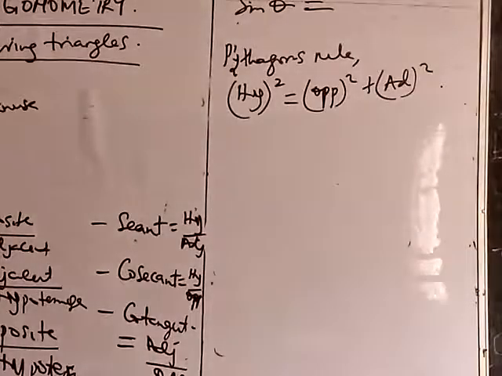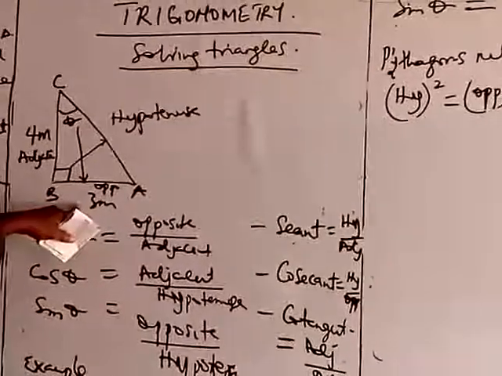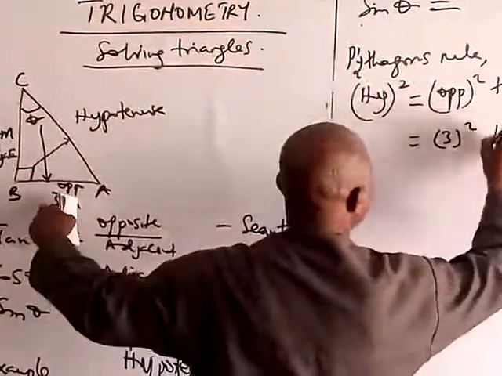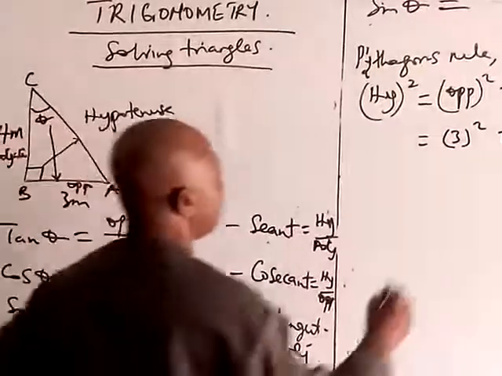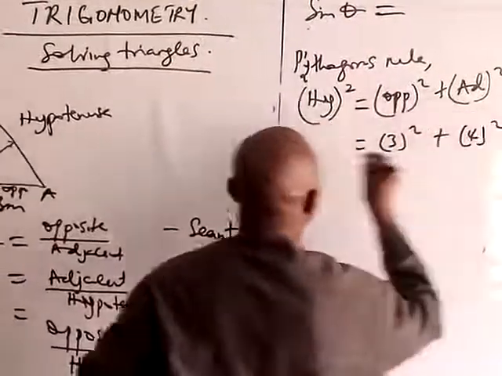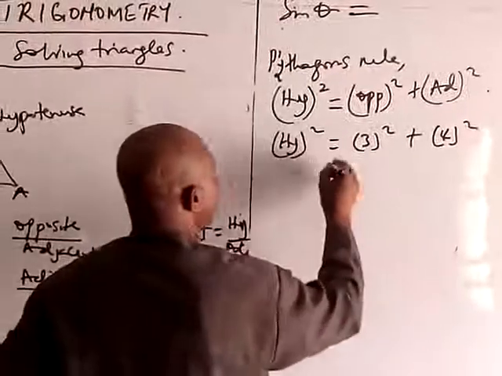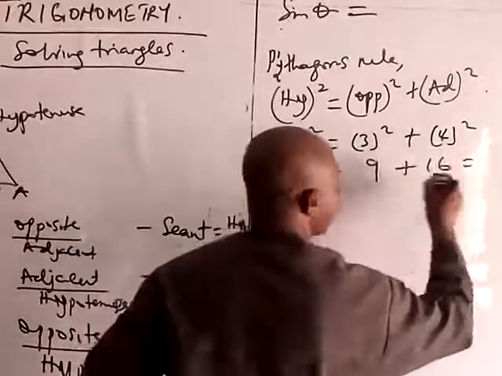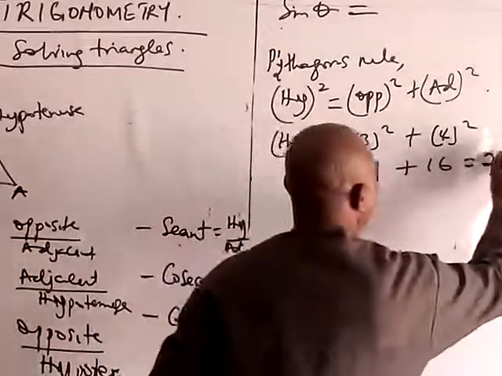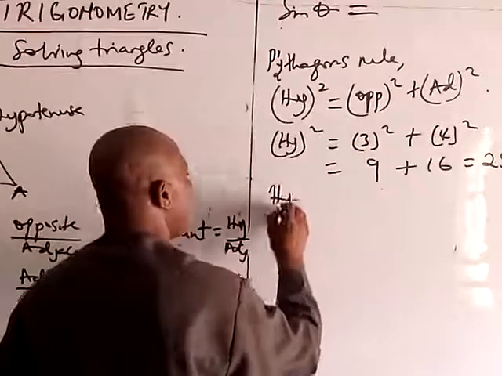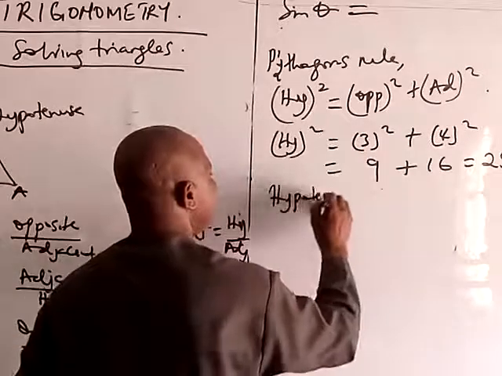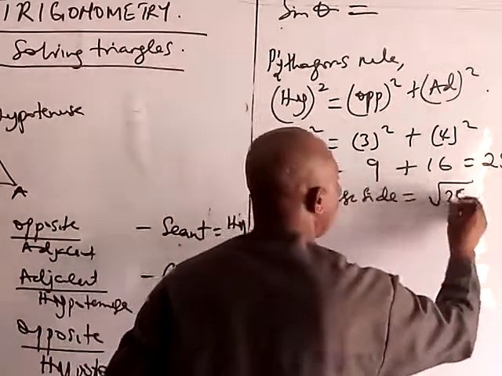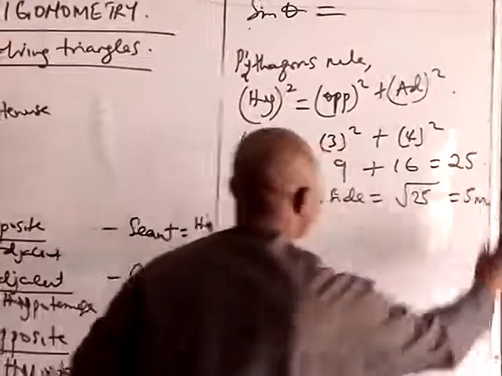From the figure given above, the opposite side is 3 meters, that's 3 raised to power 2, and the adjacent side is 4 meters, that's 4 raised to power 2. Then the hypotenuse squared will be equal to 9 plus 16, which gives us 25. Then the hypotenuse side will be equal to the root of 25, which is 5 meters.